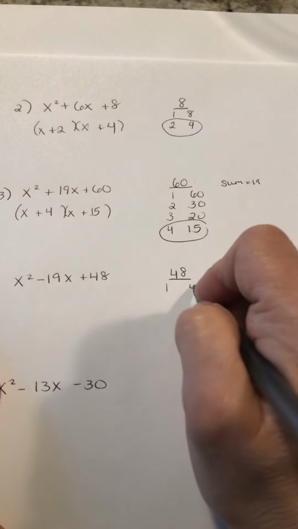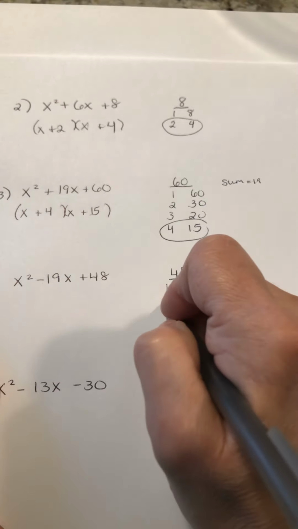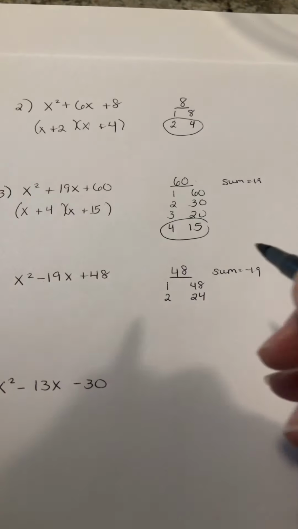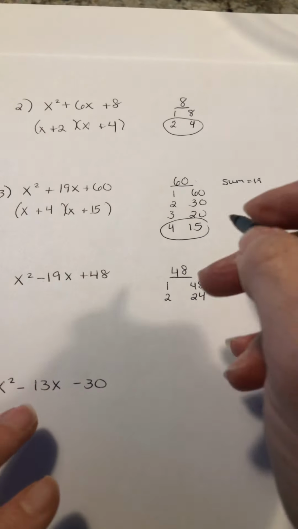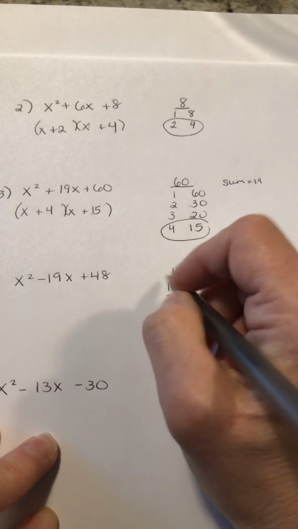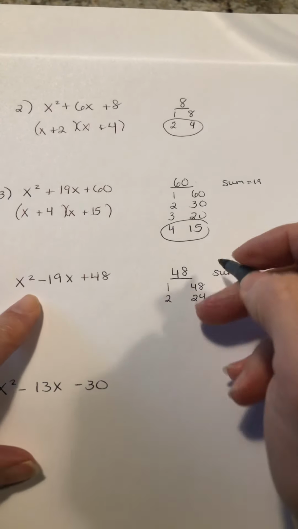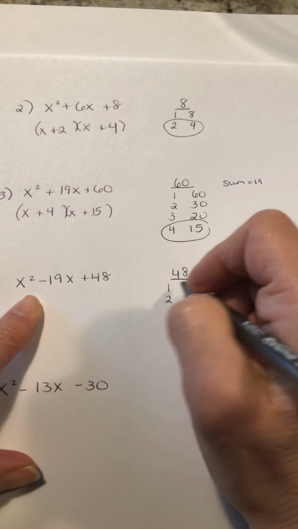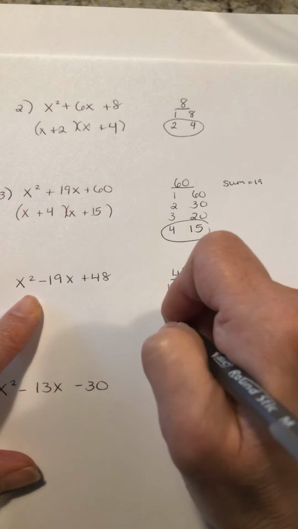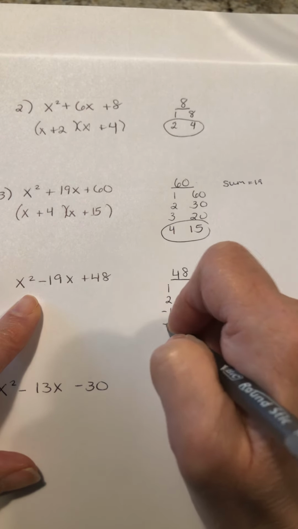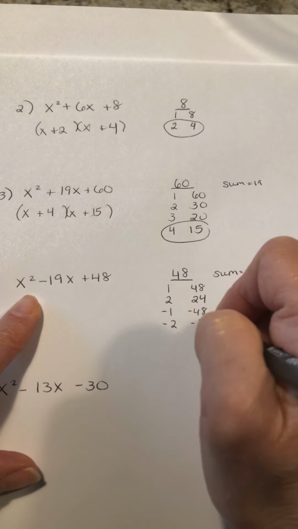We have 1 and 48. We have 2 and 24. And I guess I should also think about, let's see, this has to be a negative 48, or a negative 19. So 1 and 48, 2 and 24, negative 1, negative 48, negative 2 and negative 24.